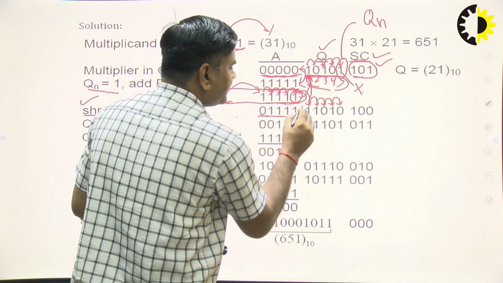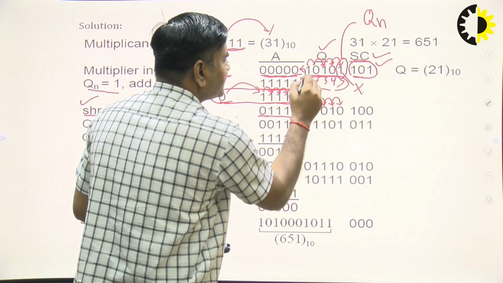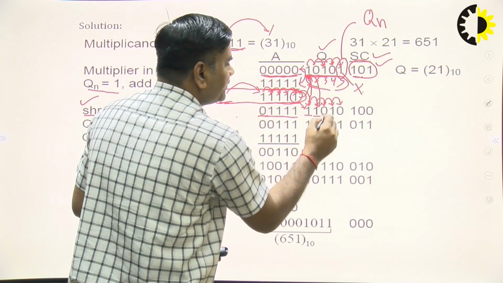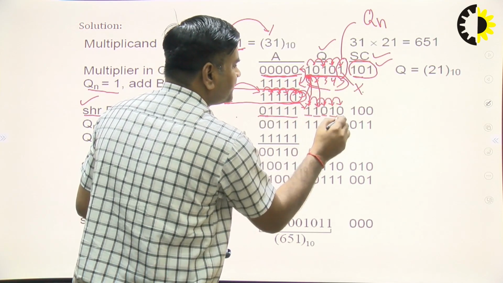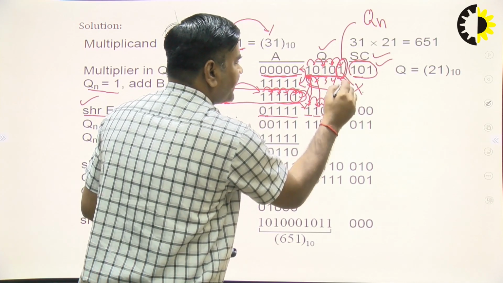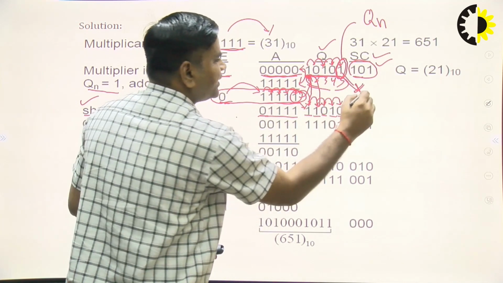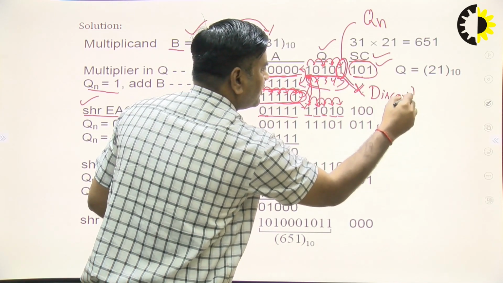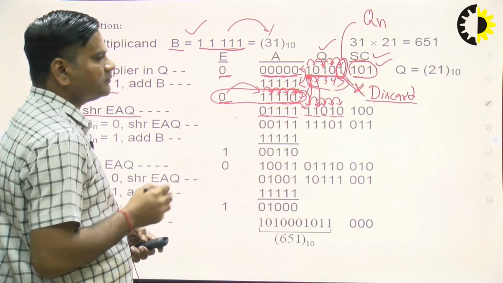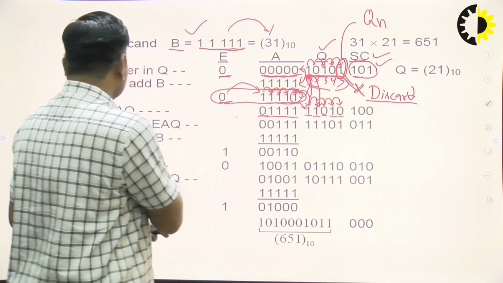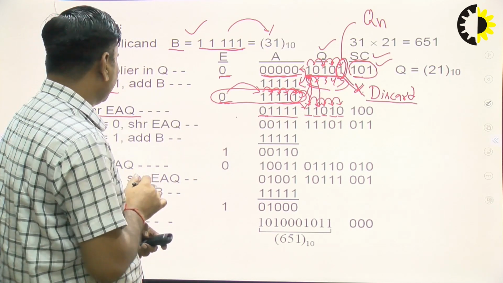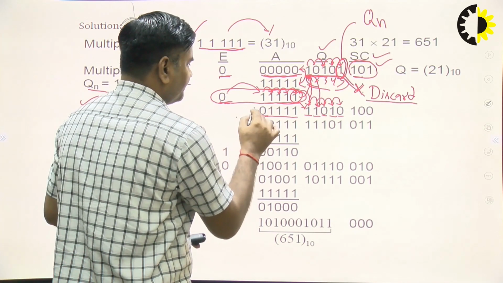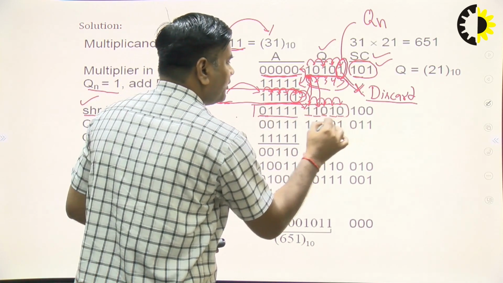So here this 1 is placed, or this one is already placed here, then 0, then 1, then 0, and this one is discarded. So after shifting EAQ, logical shift right EAQ, we got this result.